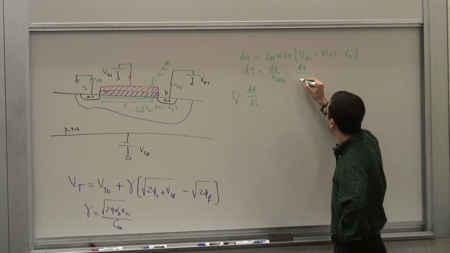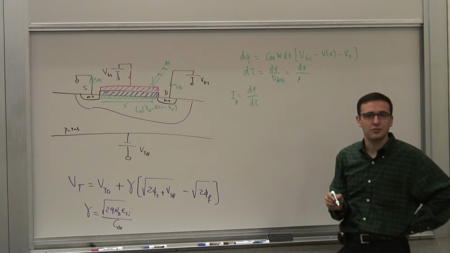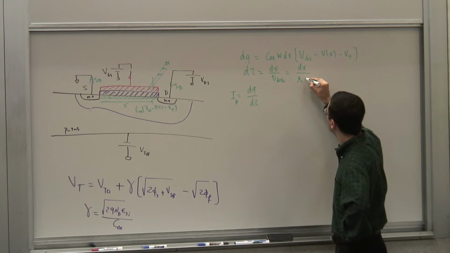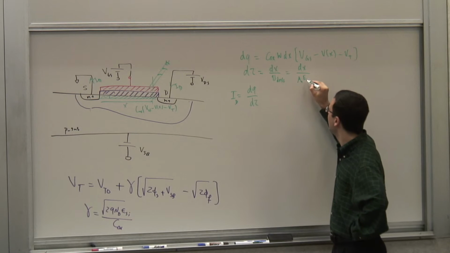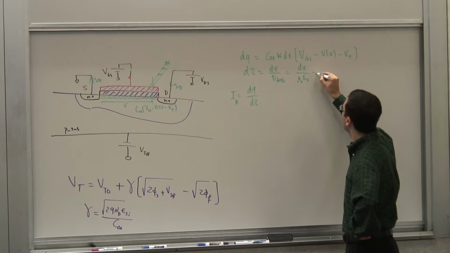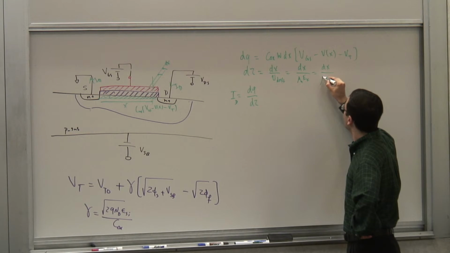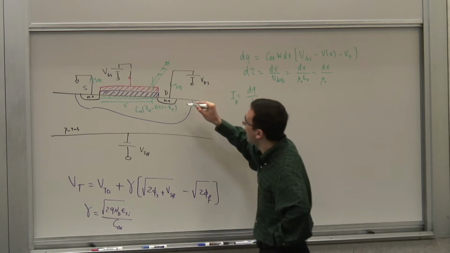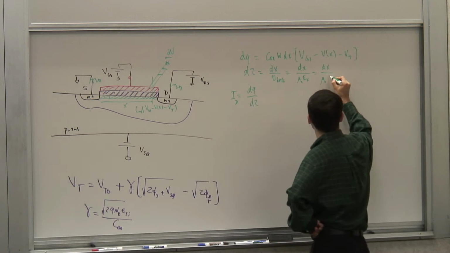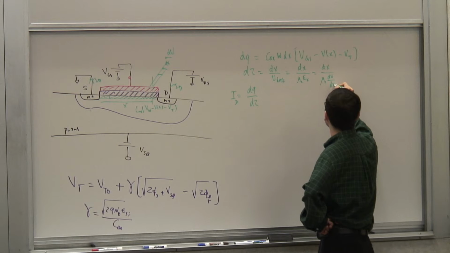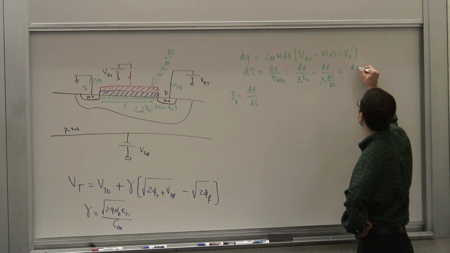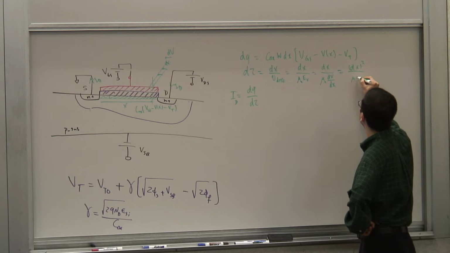We know if you are not velocity saturated, if the electric field is not too large, it's mu n times E in the x direction, the electric field in that direction. Which is the voltage drop across that tiny slice, dV, divided by dx. Right? And therefore we had dx squared over mu dV.